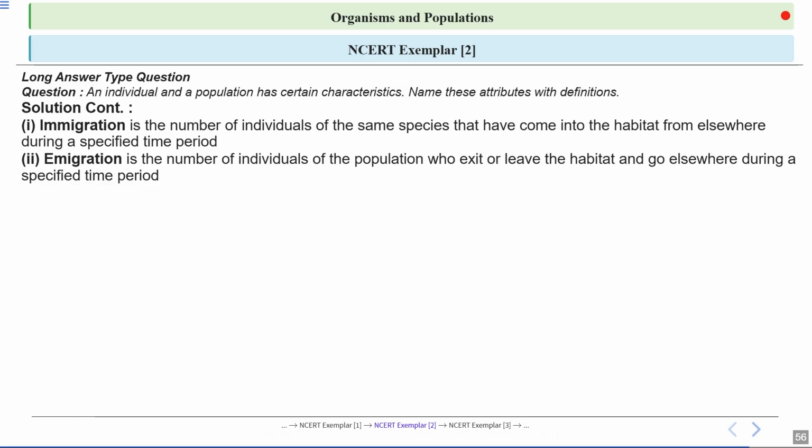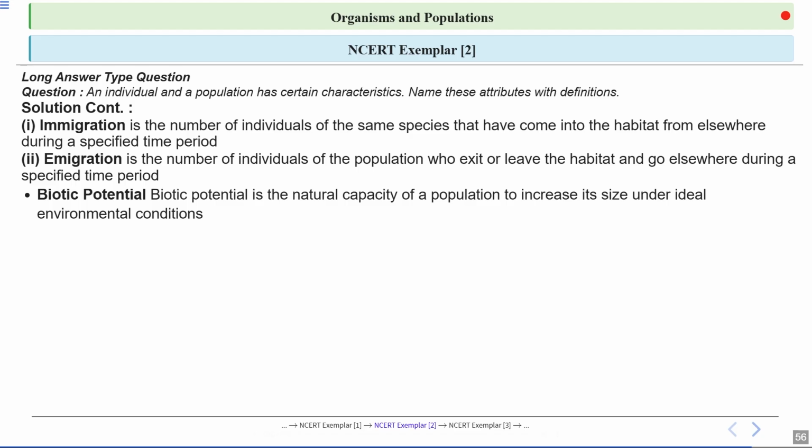Emigration causes the population size in that habitat to decrease. So now you understand the difference between immigration and emigration. Immigration is individuals that enter a particular habitat. Emigration is individuals exiting, leaving a particular habitat.